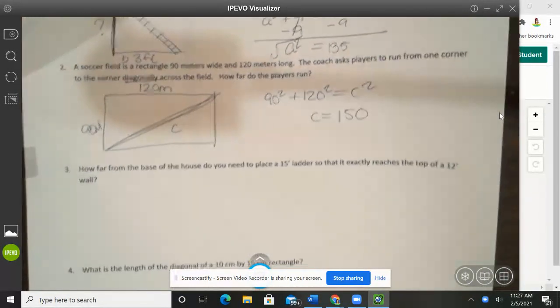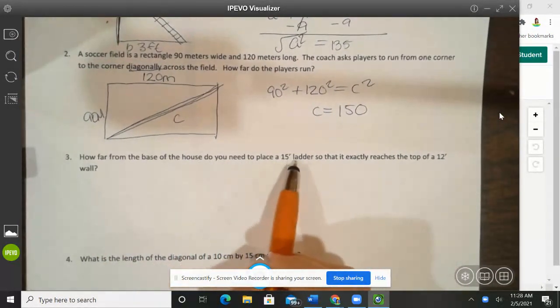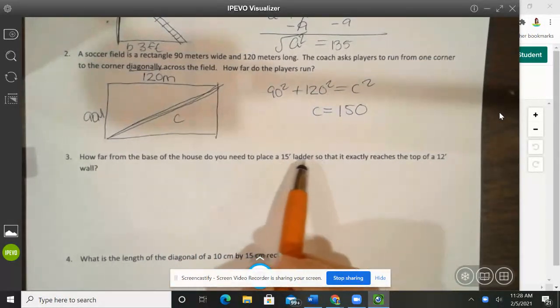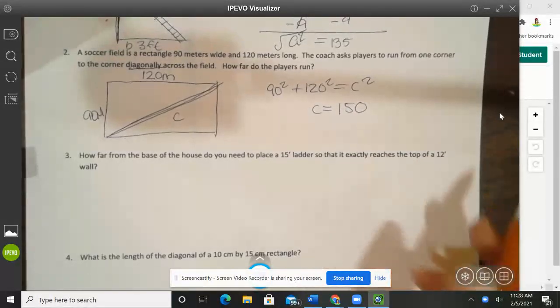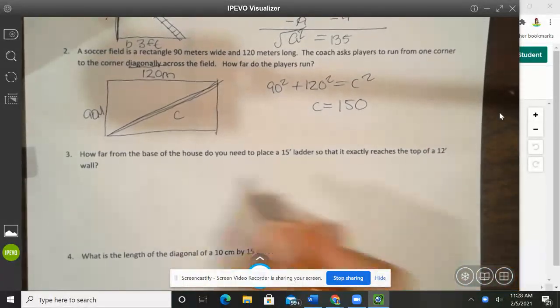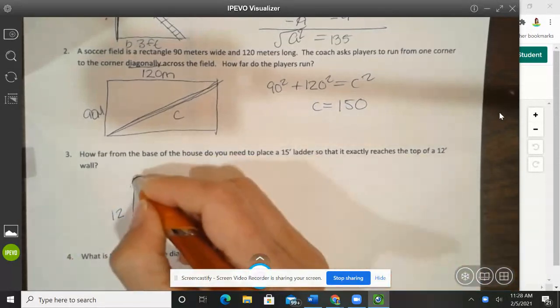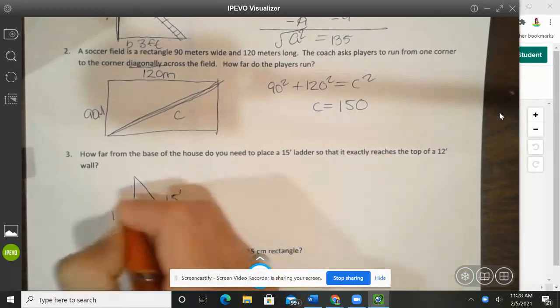All right. Let's do another one. How far from the base of the house do you need to place a 15-feet ladder so that it exactly reaches the top of a 12 feet wall? So this is 12 feet, and then this is the ladder that is 15 feet.